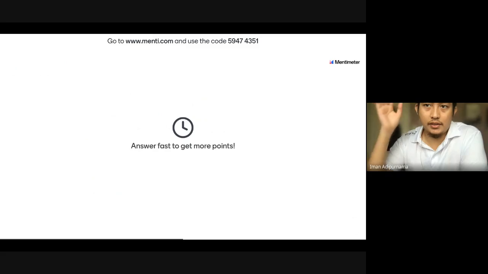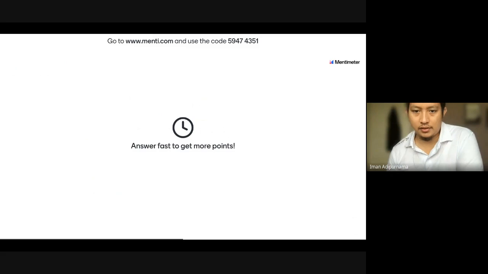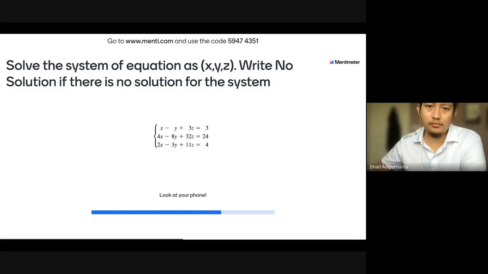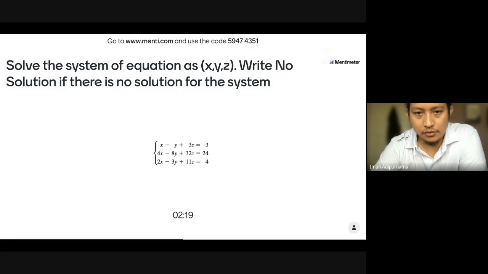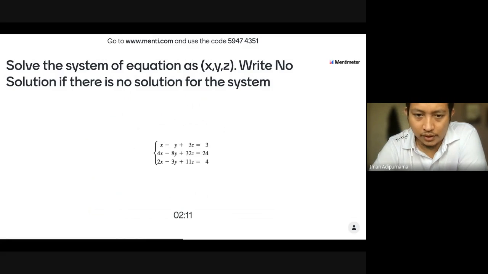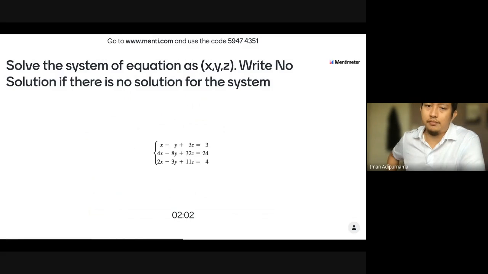3, 2, 1. Start. A similar question, but try with a new system of equations. I think the time is okay. Maybe I will add a few seconds next time, maybe 2:30 or 2:40.